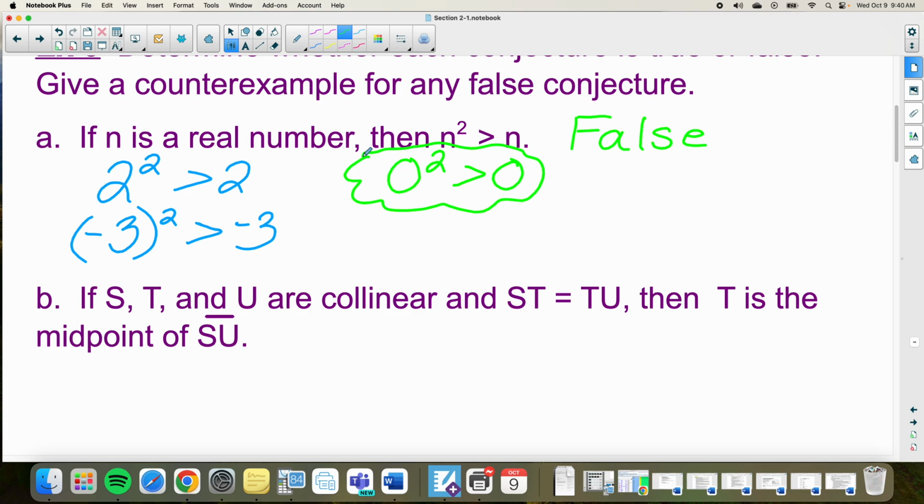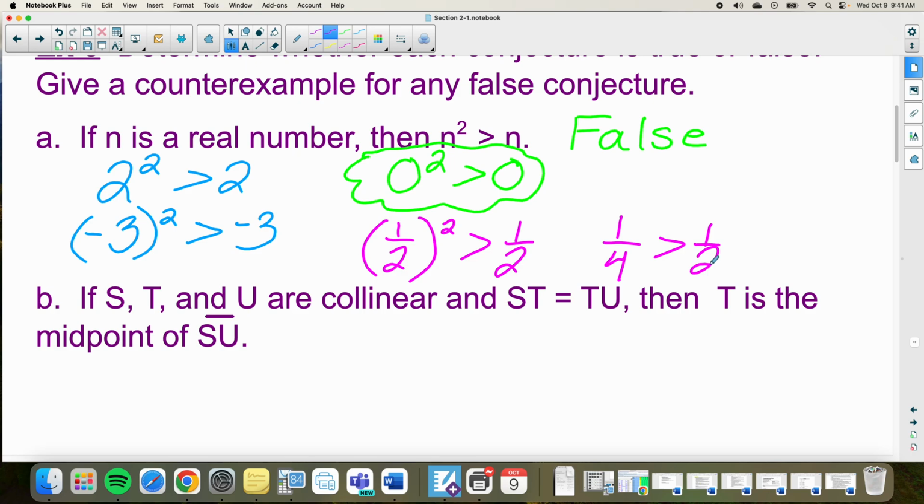Okay? Now maybe somebody else tried a fraction instead, and they went and tried 1/2. 1/2 squared, is that bigger than 1/2? Do you guys know when you square a fraction, you can square the top, 1 squared is 1, and then square the bottom, 2 squared is 4. Is 1/4 greater than 1/2?